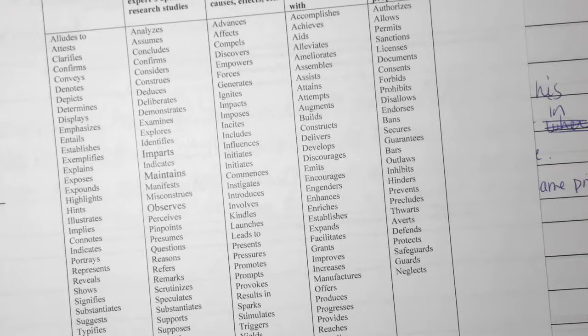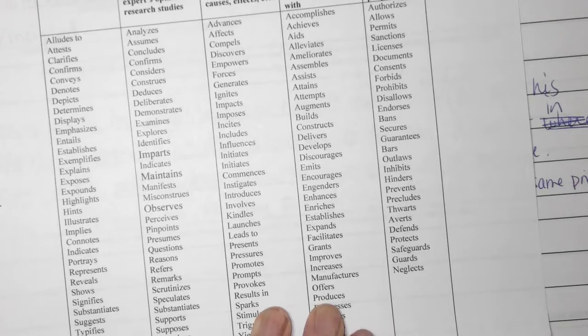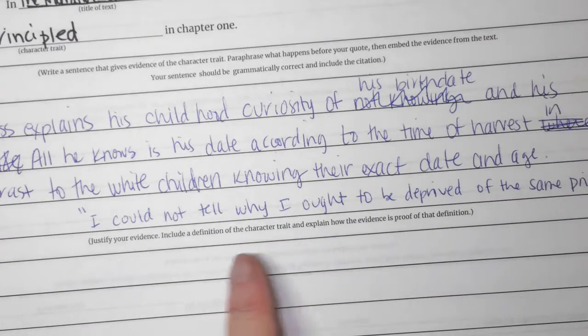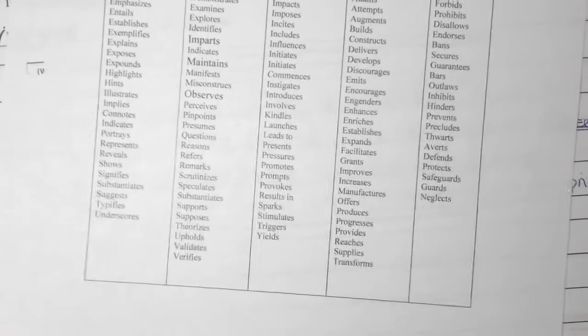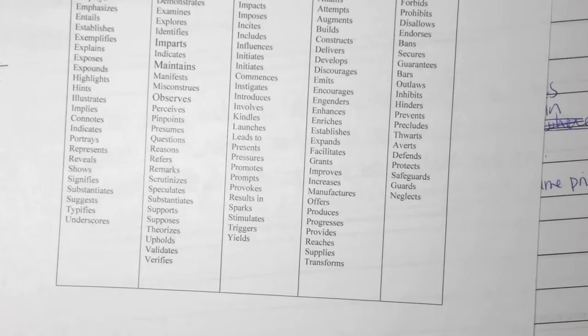He what? Compel. Emphasize. Establishes. Establishes means something happened. He exposes that he should not be deprived. Justin, what'd you say? Questions it.